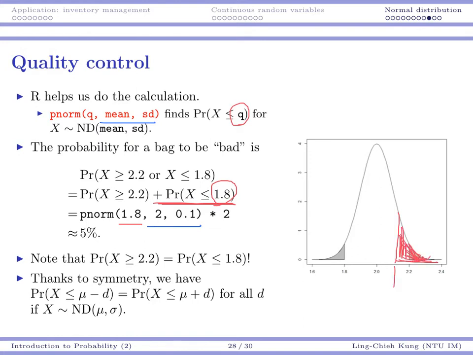It's the probability for x to be above 2.1. Then what should I do? I simply need to calculate the probability for x to be below 1.9.